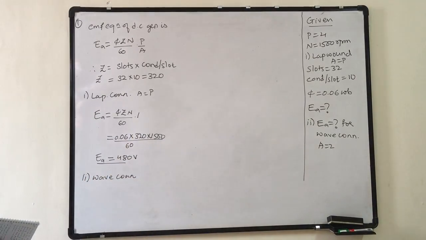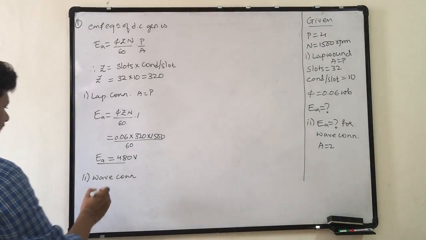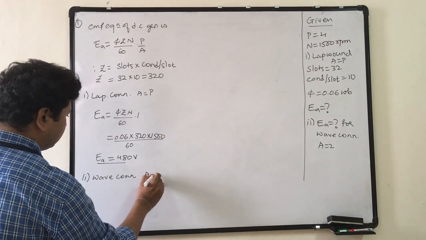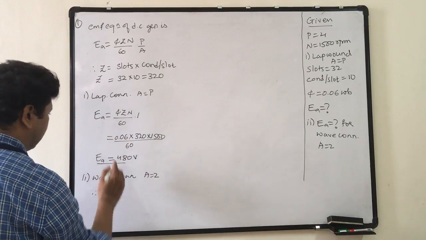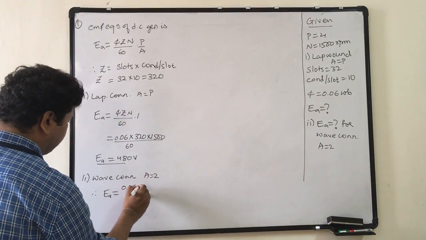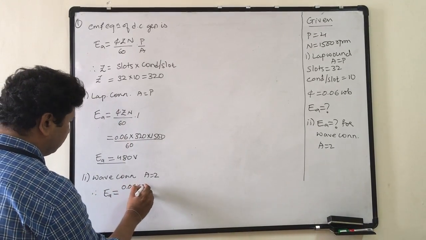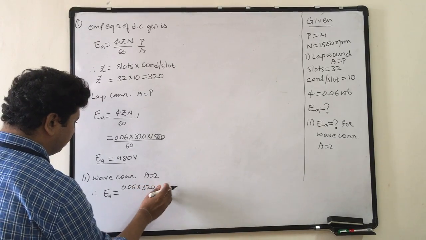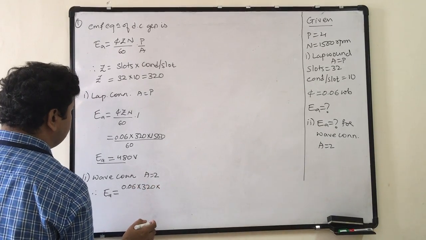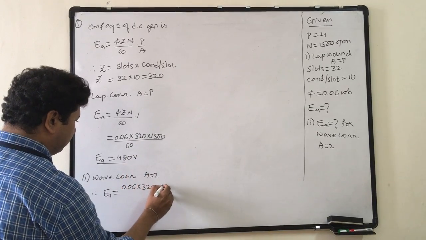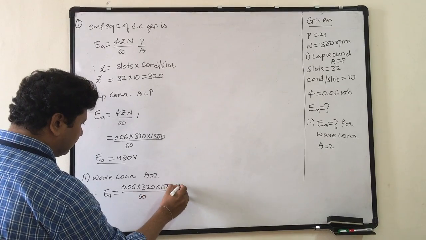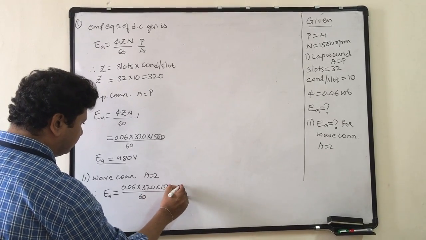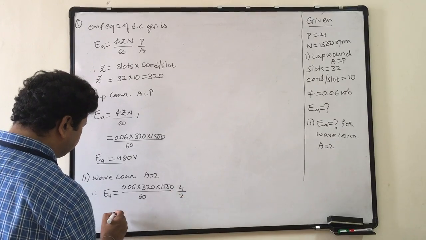Now second case, wave winding. Everything remains the same, only the connection of armature to be considered is wave. So for wave connection, A is equal to 2. Therefore EA is equal to 0.06 into 320 into 1500 divided by 60 into P is 4 divided by A is 2.